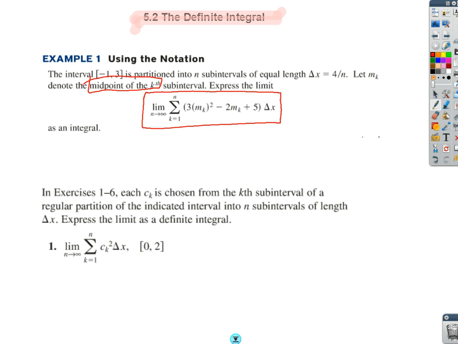This is kind of like what we had before. m of k is equal to delta x times k, and that's what we put inside my function, but since it's the midpoint, it's divided by 2. So instead of writing this out and making it look very complex, it didn't tell you this, but this is what this is doing.